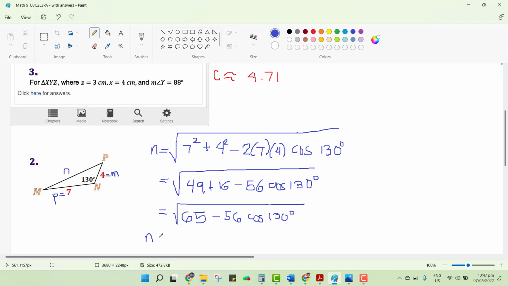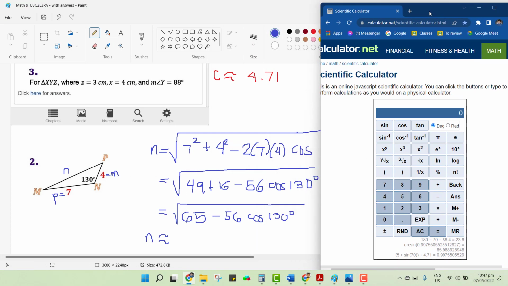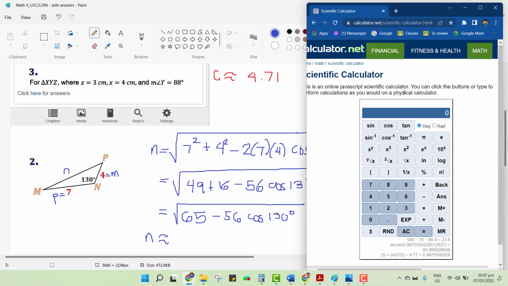So for the approximation, using the calculator, let me erase this. Let's input first the radicand: 65 less 56, or let's have parentheses, 56 cosine 130.